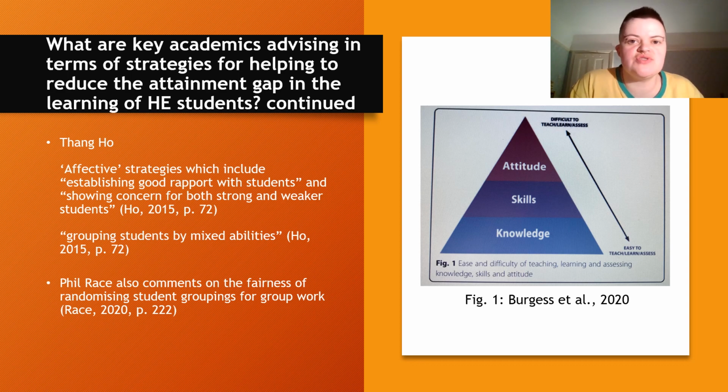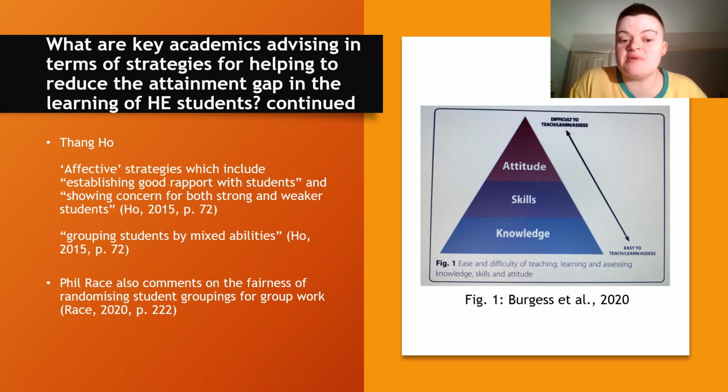These kinds of attitudes will improve students' attitude, making them feel more engaged, more appreciated, more respected, and more likely to want to learn. Showing concern for their personal lives and how they're doing also helps their skill set, because it helps them adjust to higher education learning in that sense.